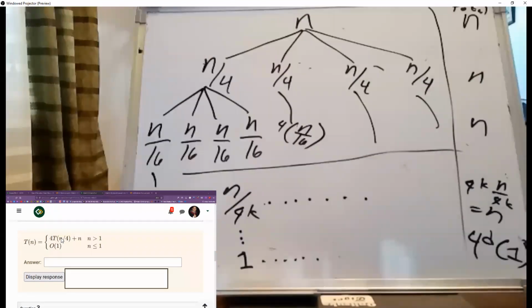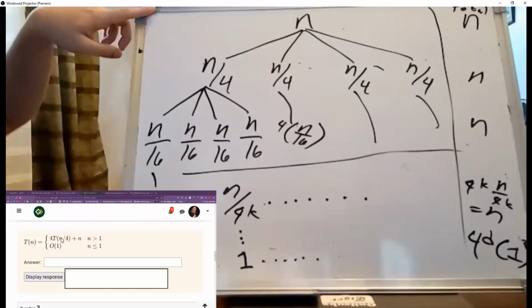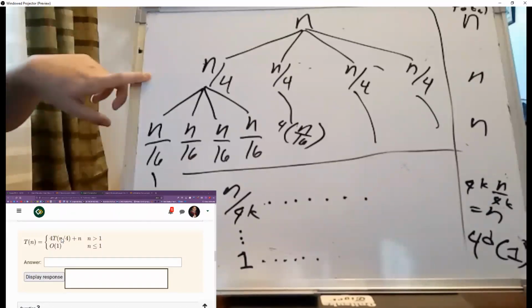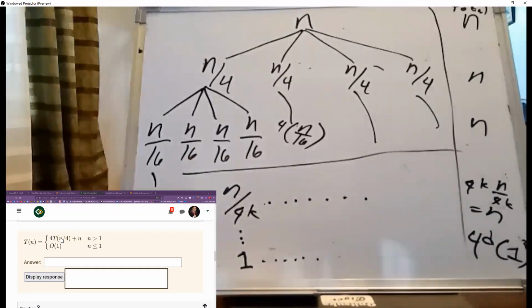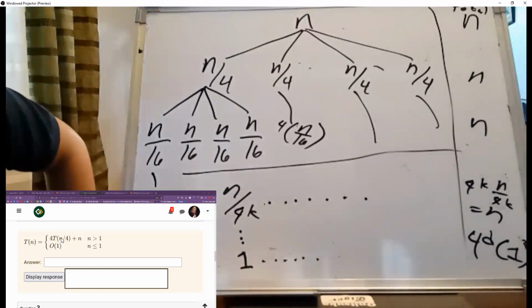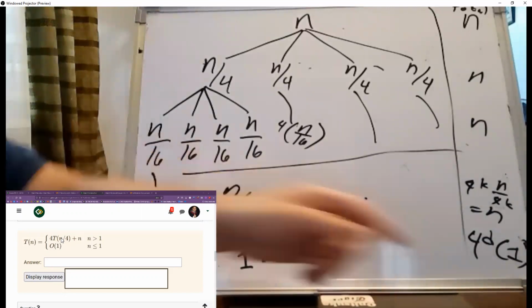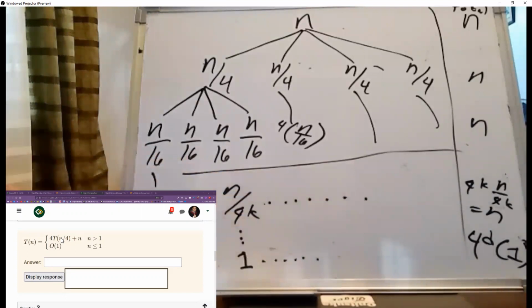And then yung depth natin, you can notice here na si n, divide by 4, divide by 16. And then eventually, titigil tayo pag na-divide natin siya n times. So, ano yung depth natin? Bali, ilang times natin siya i-divide by 4 para makarating dito.